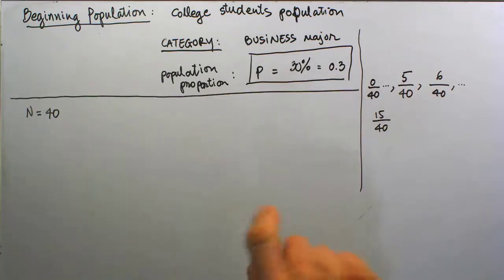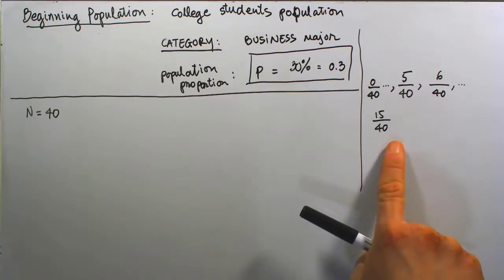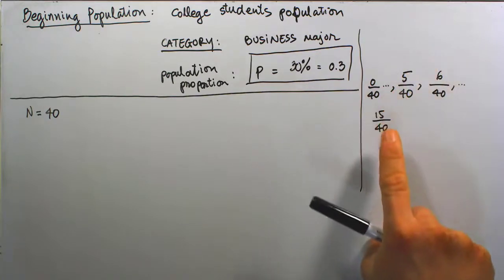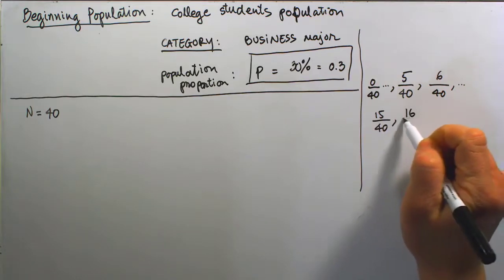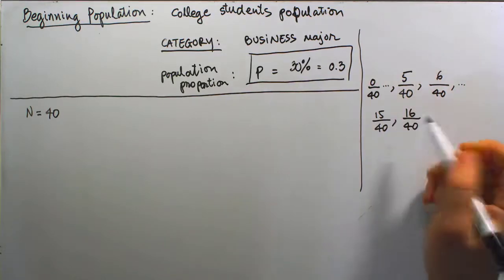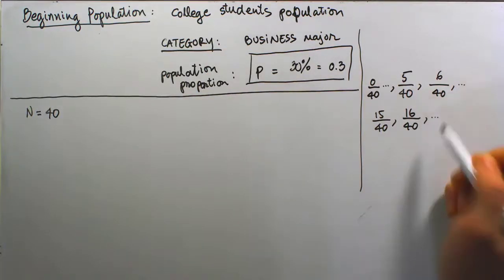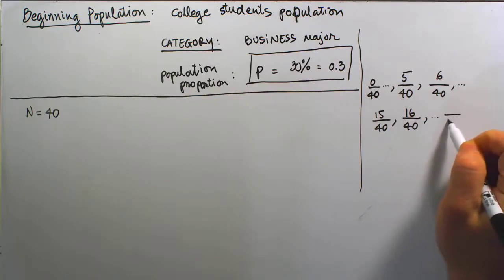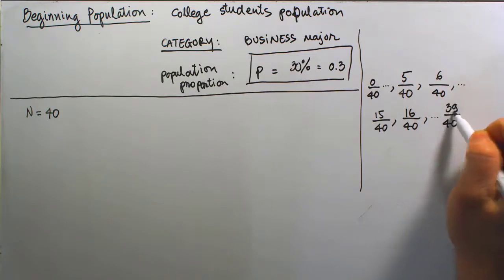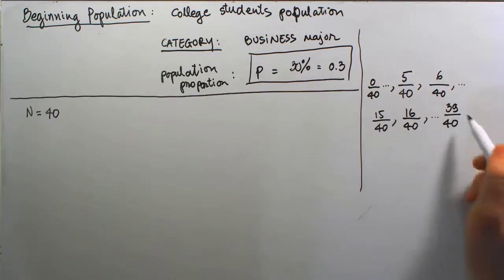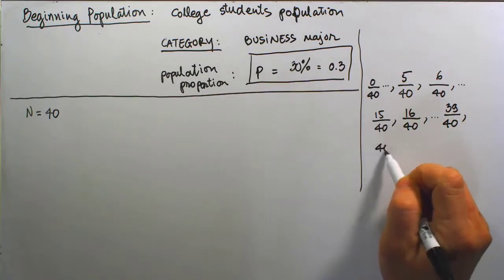So the description of one sample tells us the description of the entire family of all other samples out there. Somebody may pick a sample where, in 40 college students, the count for business major is 16. And there are even more. Some other sample may be so lucky that in 40 college students the count goes up to 39 business majors, and even more lucky samples, 40 out of 40.